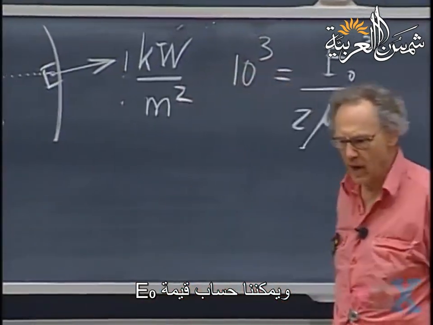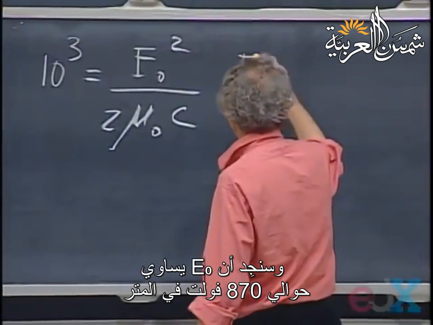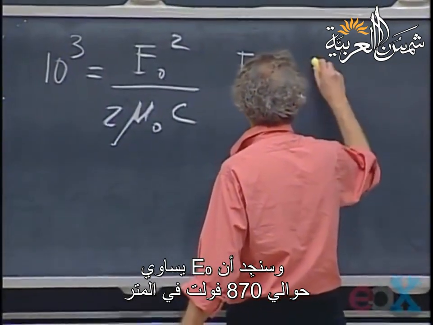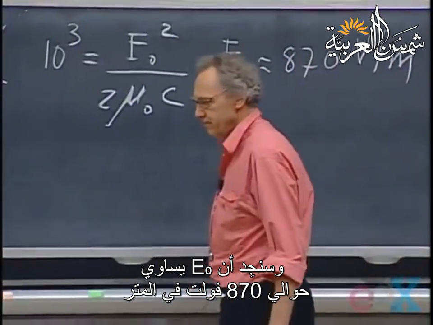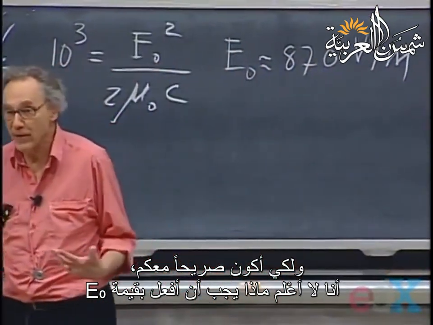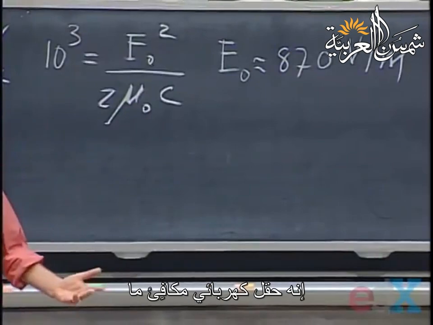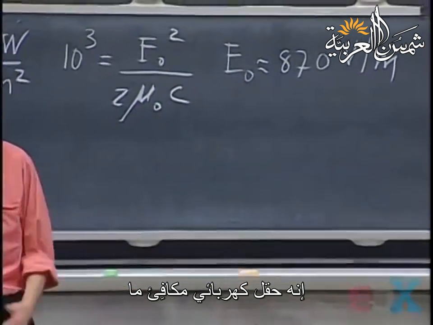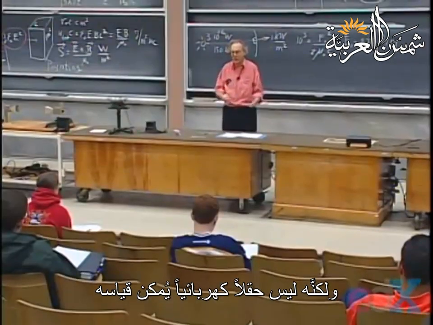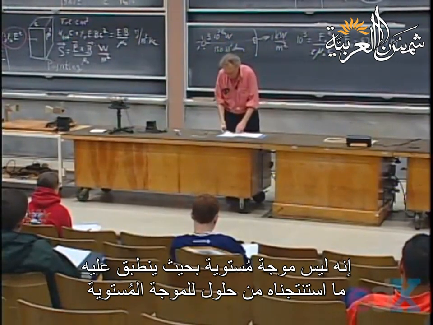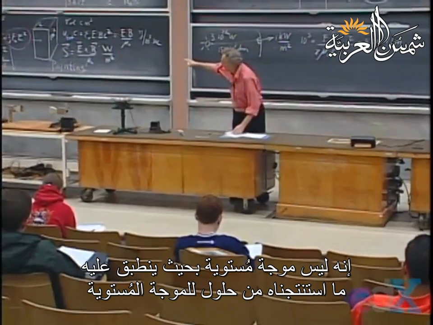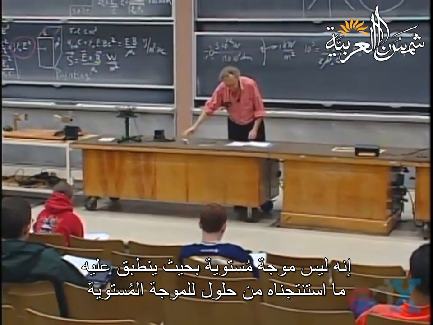And so you can calculate now what E0 is, and you'll find that E0 is approximately 870 volts per meter. To be frank with you, I don't quite know what to do with that number. It is some equivalent electric field, but it's really not an electric field, of course, that you could measure, because it's not really a plane wave in the sense that we derived our Poynting vector for the plane wave solutions.